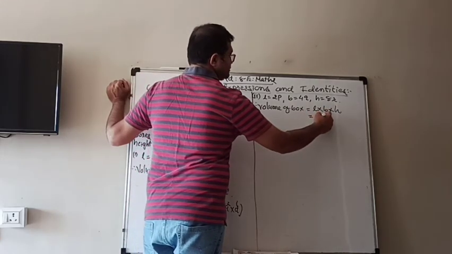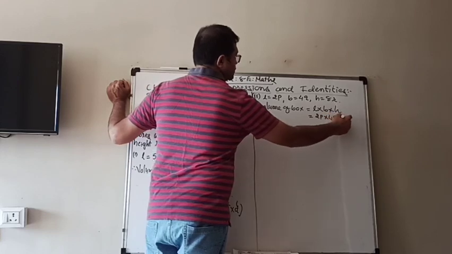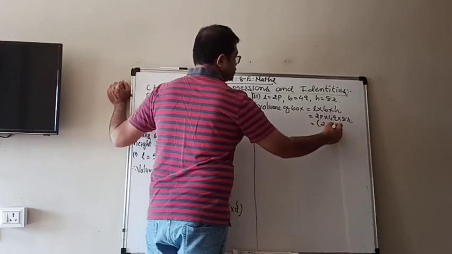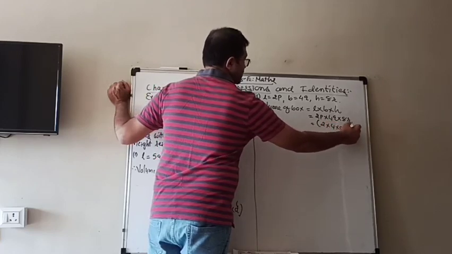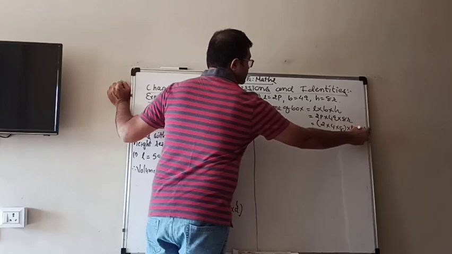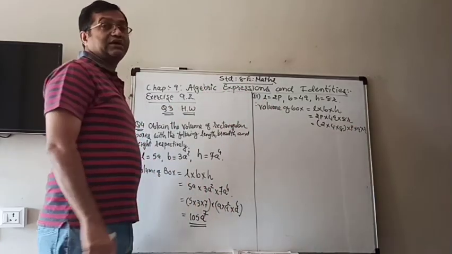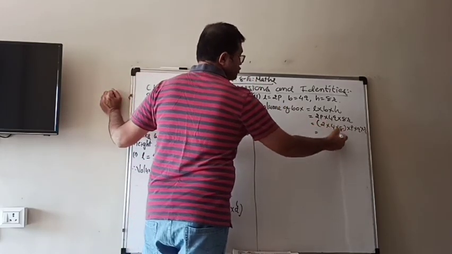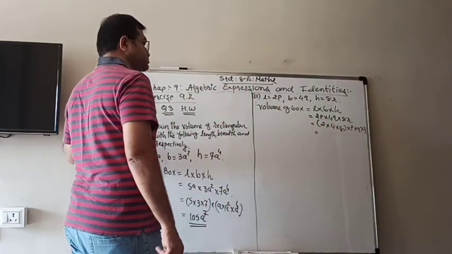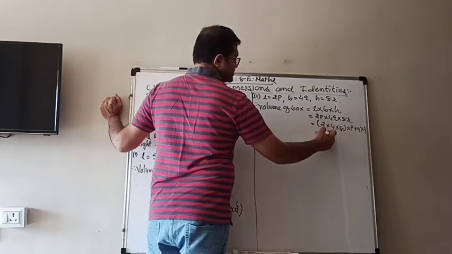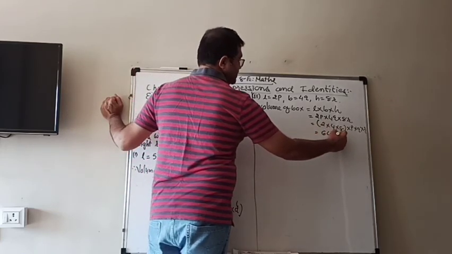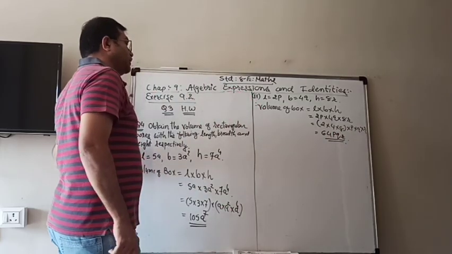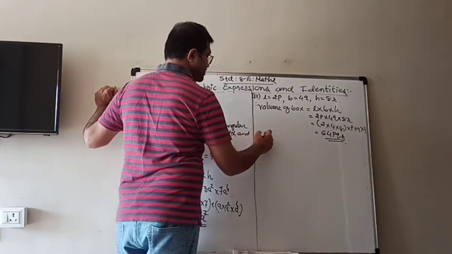So 2p into 4q into 8r. So we have 2 into 4 into 8 into p into q into r, because they are all different variables, so we cannot simplify. So directly we have to multiply the coefficients. 2 4s are 8, 8 8s are 64. pqr. That is the volume.